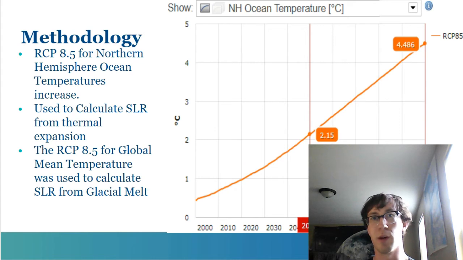And finally, for the RCP 8.5, which is going to give the highest estimate, which gave a 2.15 degrees Celsius increase for 2050 and a 4.486 increase for 2100.